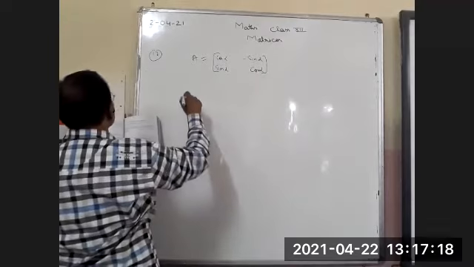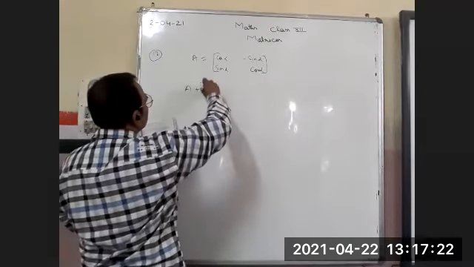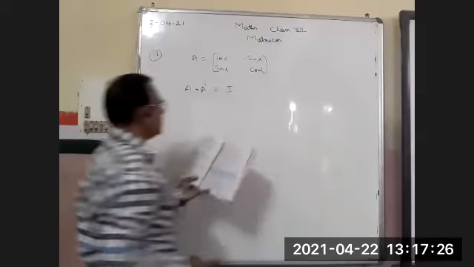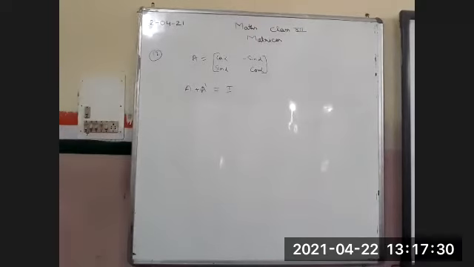Then A plus transpose of A is equal to the identity matrix. Then you have to find the value of alpha. By using this condition, we have to find the value of alpha.